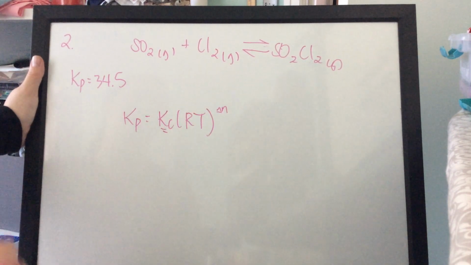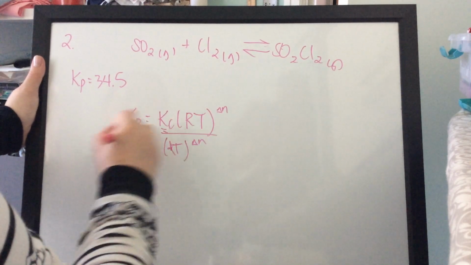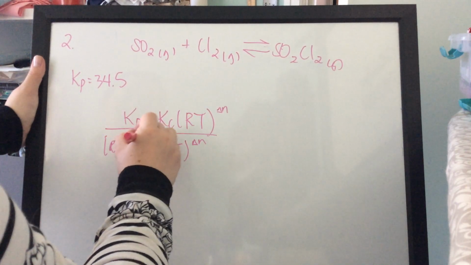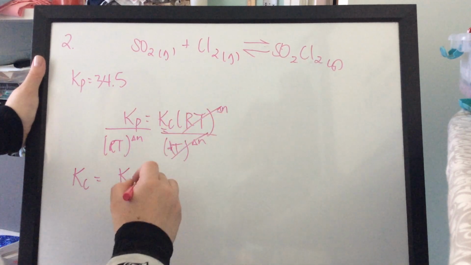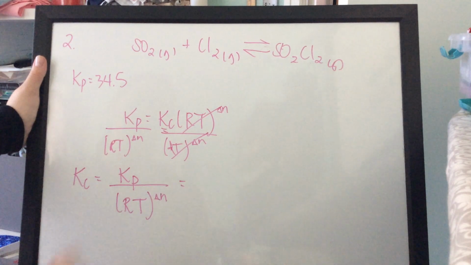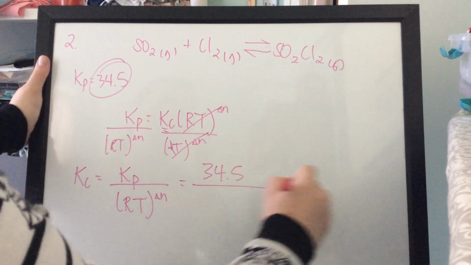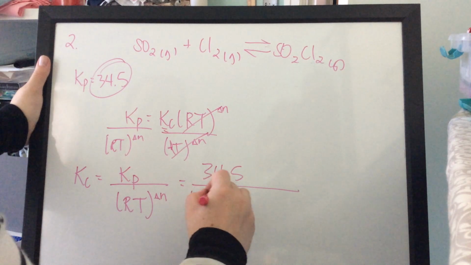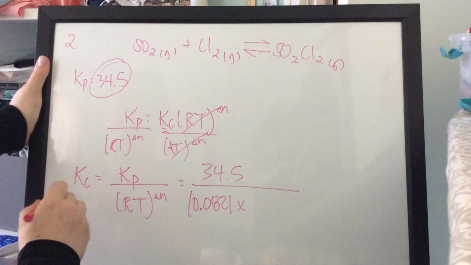I want to isolate Kc, and you divide by this expression. So Kc is equal to the value of Kp divided by R times T to the change in moles. So Kp, 34.5 over R, what was my T? 303 Kelvin.